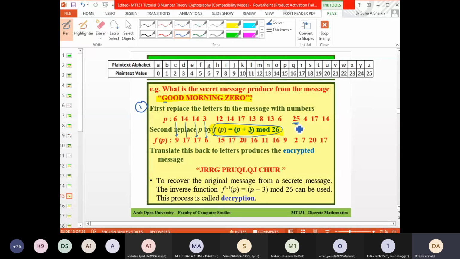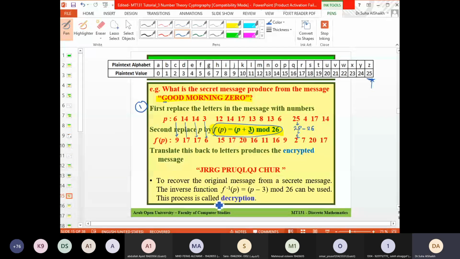Now check the 25. If you add 3, how much? It will be 28. Well, 28 is more than the letters I have. I reach 25 and stop. How can I do it? I subtract 26 and the result will be 2. I subtract 26 from it. This is the meaning of mod 26.